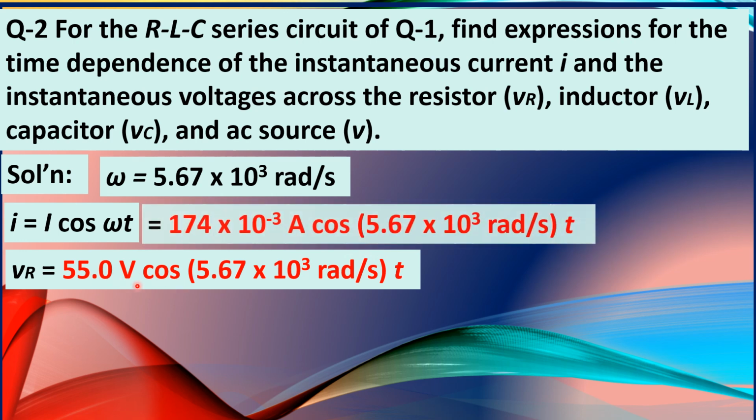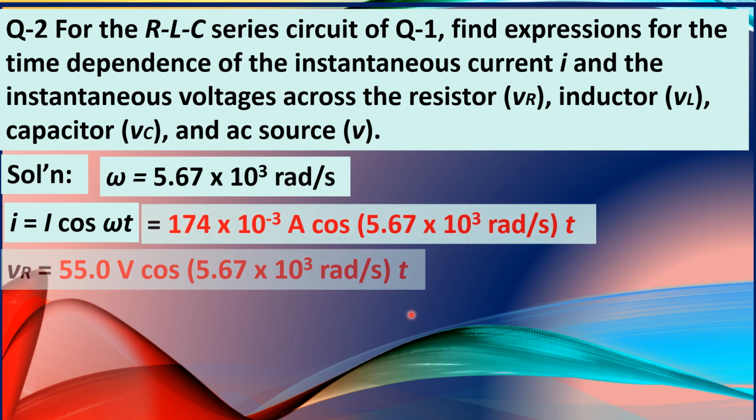The voltage amplitude, given as 55.0 volts, is multiplied by the cosine of the angular frequency, 5.67 times 10 to the third radians per second, multiplied by the time t. So that's the expression for the instantaneous voltage across the resistor.